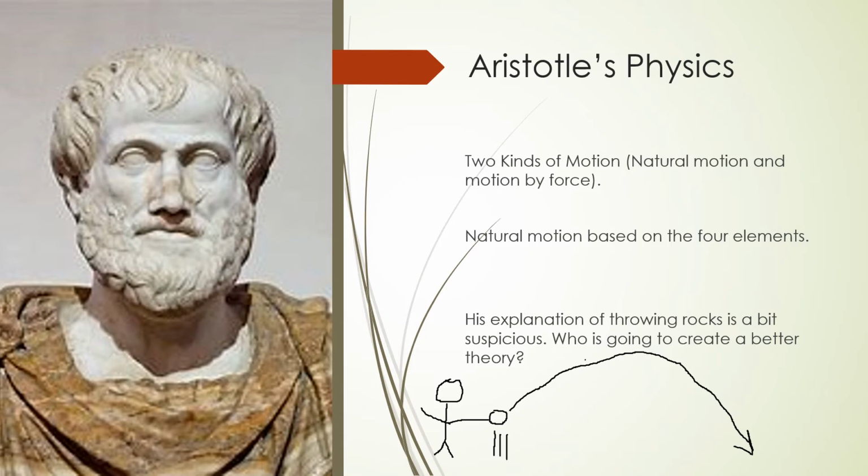So as the rock is traveling, the reason it doesn't just fall down is because this air that you pushed is pushing the rock along the path. Because otherwise, think about it, if his idea is that as soon as you stop applying a force, it's going to return to its natural place, then why does the rock travel upwards and outwards when it should just be falling straight down, even though you threw it?